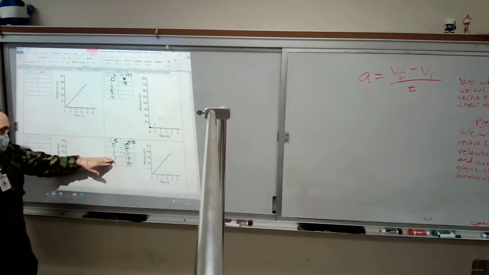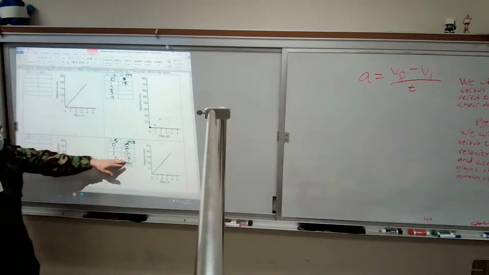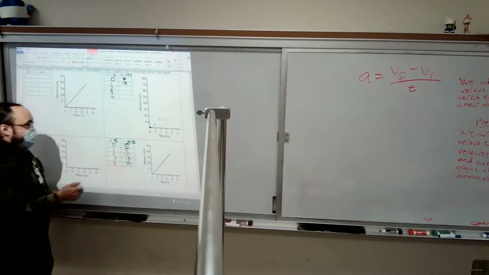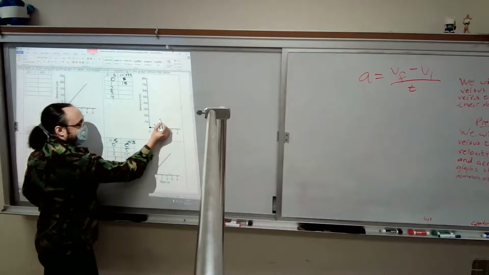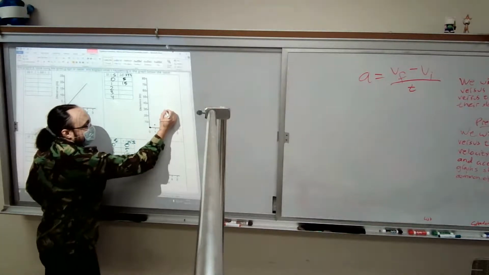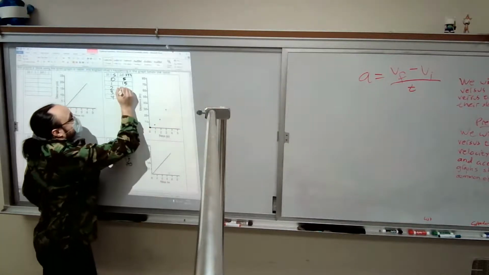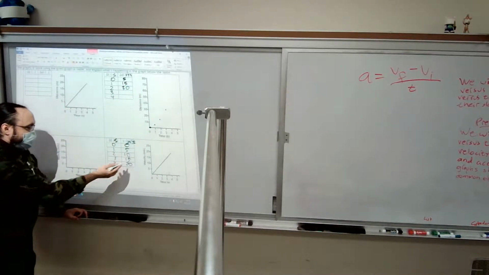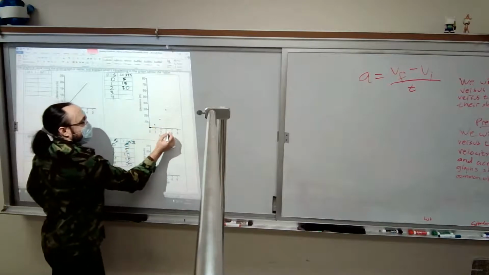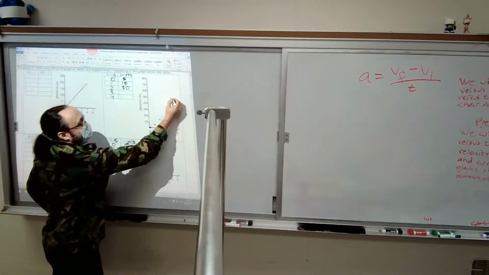And in the third second, it was going 15 meters per second. So if it was at 15 and it goes 15 meters per second now, it would go up to 30. And then the fourth second, it was going 20. So if it's at 30 now, by the fourth second, it'll have gone up to 50.